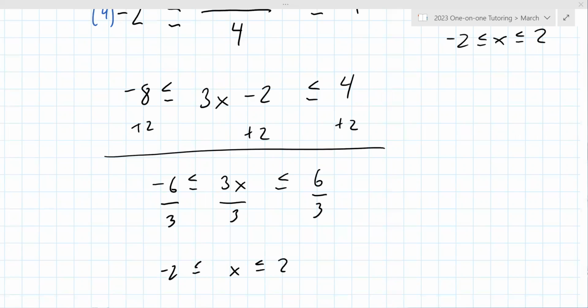All right, so now we're going to work on an exception. A kind of weird thing that you might see in one of these problems. Here's one: -31 less than -10x minus 1 less than 39. So here you're going to do the same thing we've been doing. We're going to undo anything in the middle to get x alone.